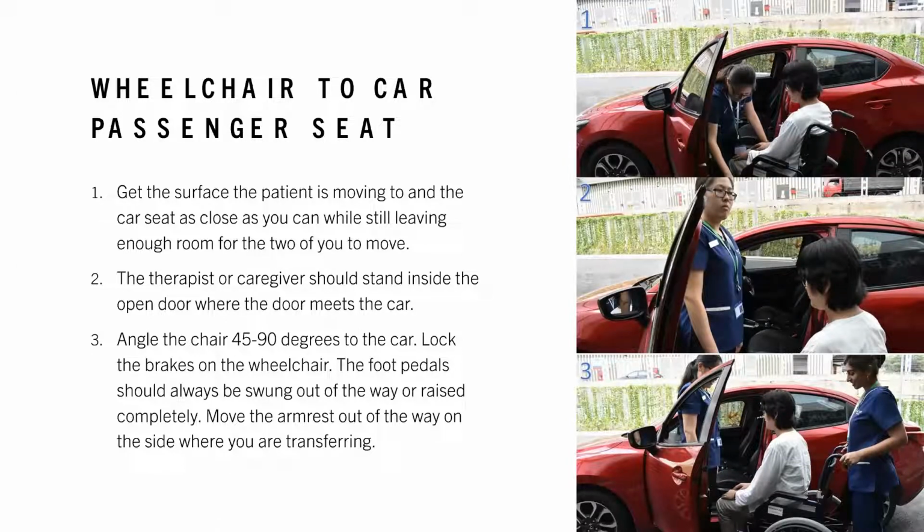Number three, angle the chair 45 to 90 degrees to the car. Lock the brakes of the wheelchair. The foot pedal should always be swung out of the way or raised completely. Move the armrest out of the way on the side where you are transferring. If the armrest can detach, that's better.